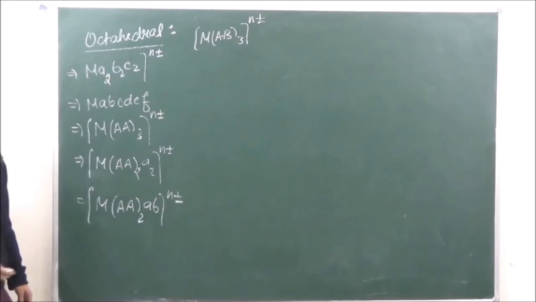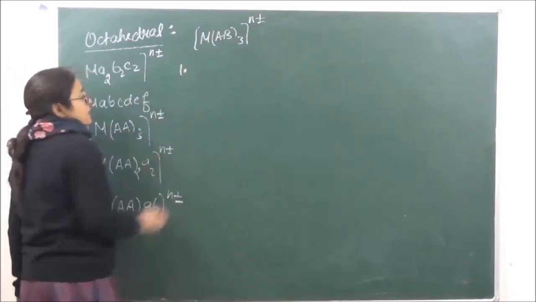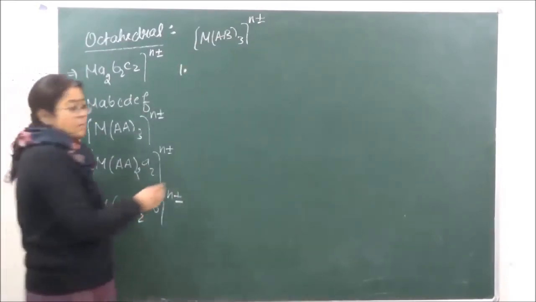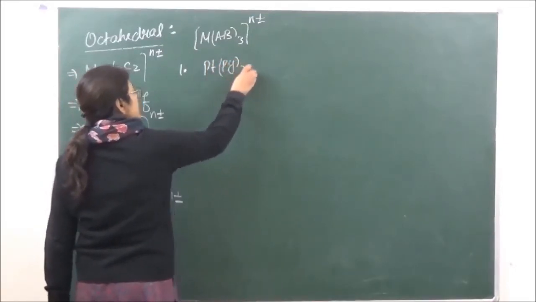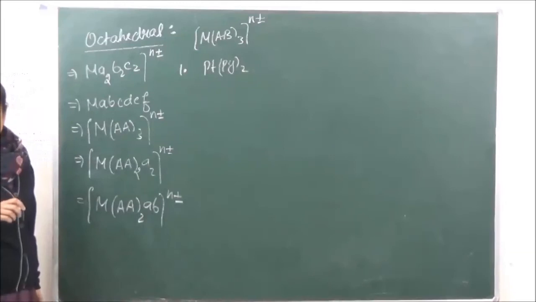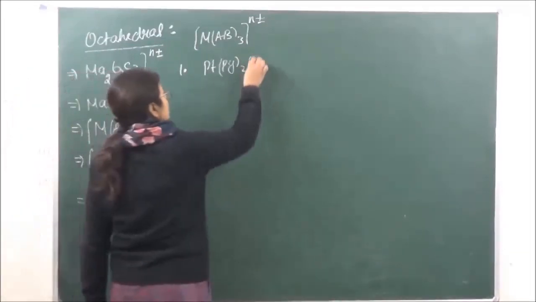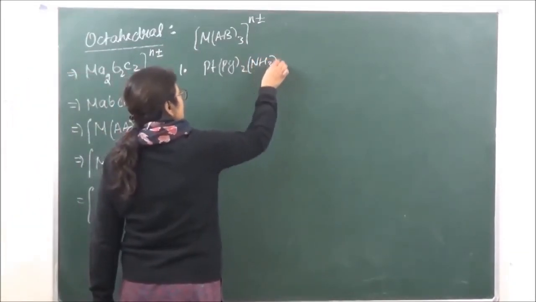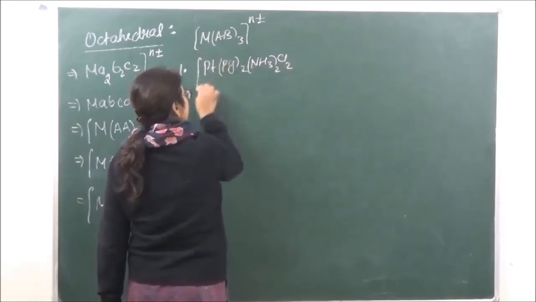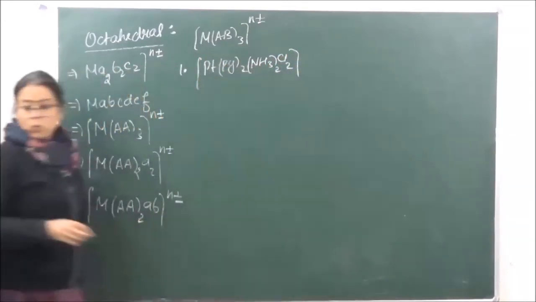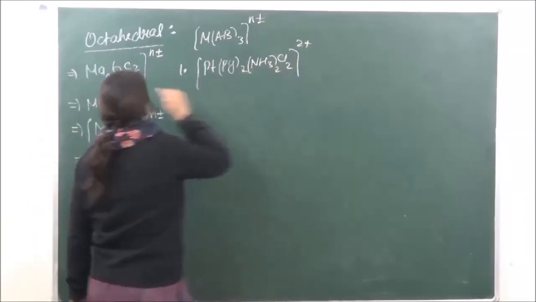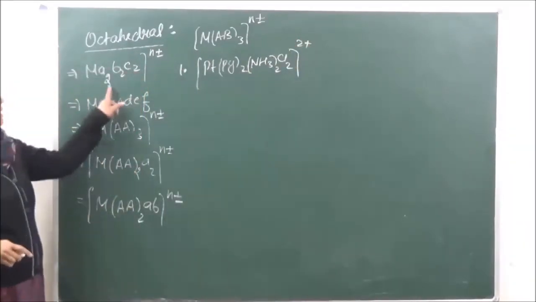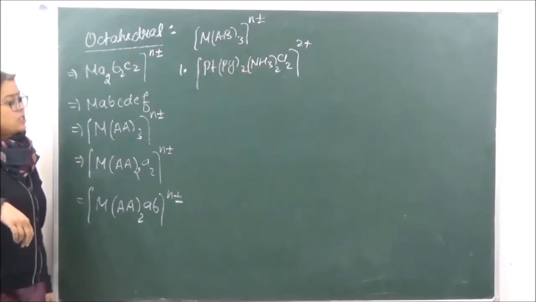The first one which we are taking is platinum with the ligands of pyridine, ammonia and Cl2, 2 positive. This is the compound of the first type which we have taken over here, Ma2b2c2.